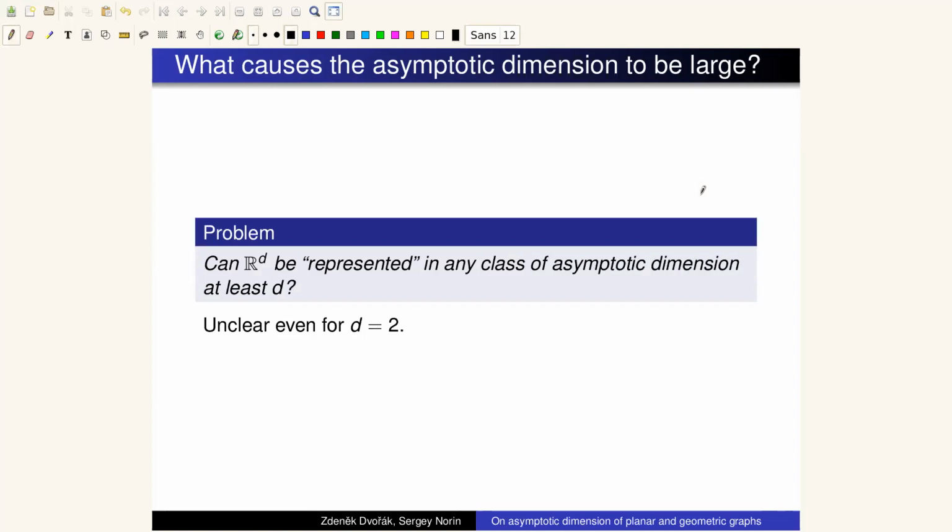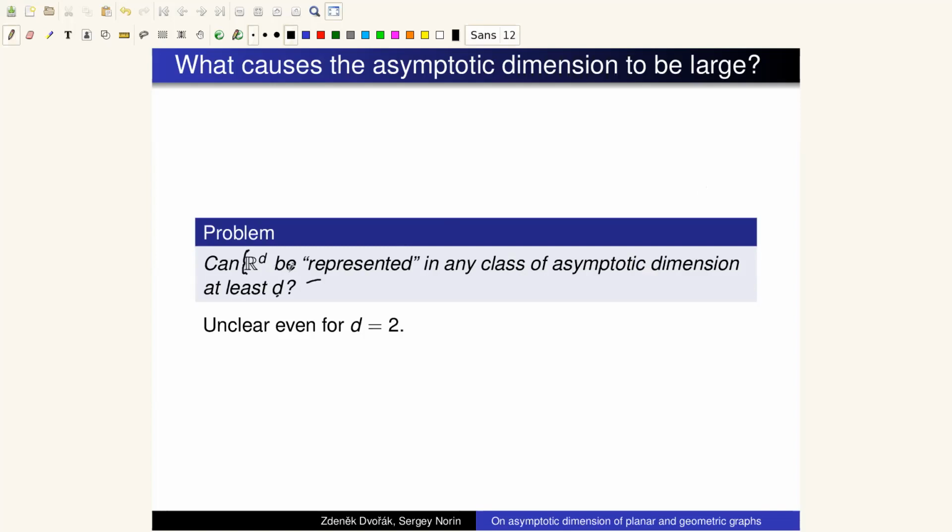For the first question, you might suspect that inside any class which has, let's say, asymptotic dimension at least d, you might be able to find some representation of some canonical thing of dimension d, such as d-dimensional space.